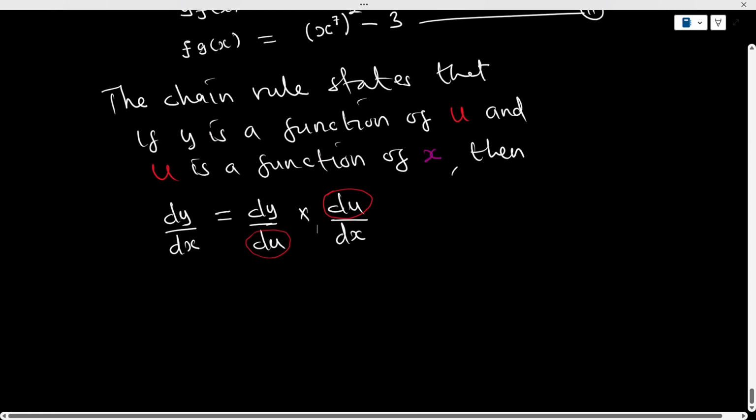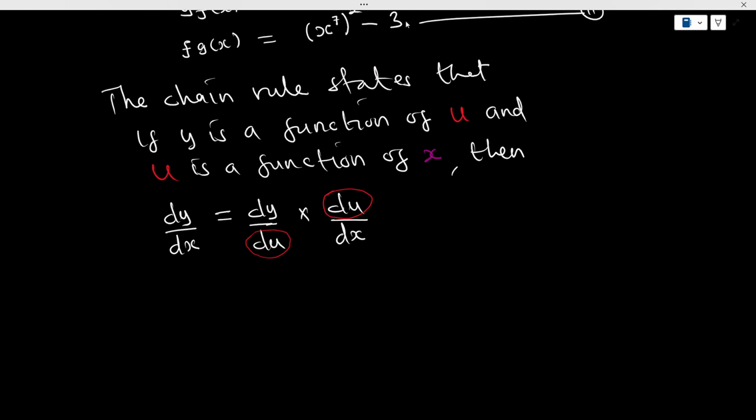Okay, I can explain this. So if you have y as a function of u, and then you have u as a function of x, you can actually derive this. You can find the derivative of y with respect to u, and what you get here is dy over du.